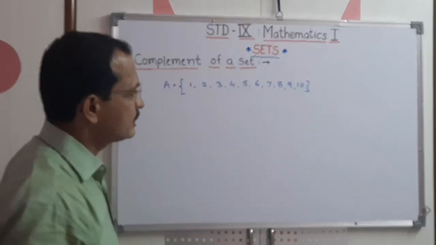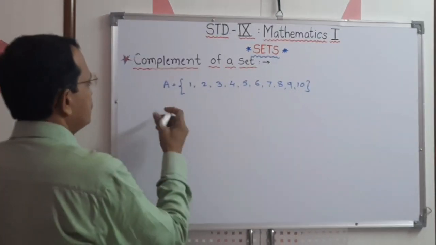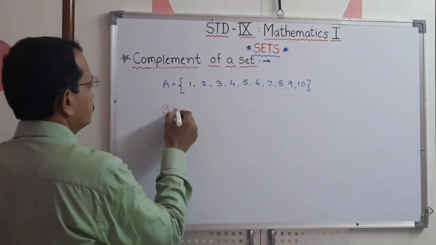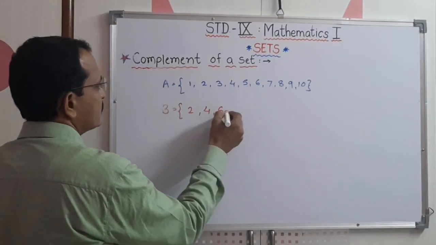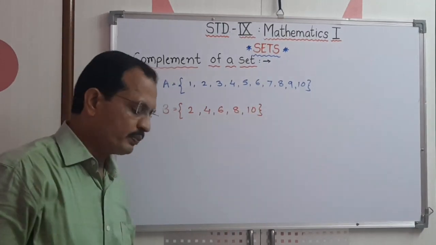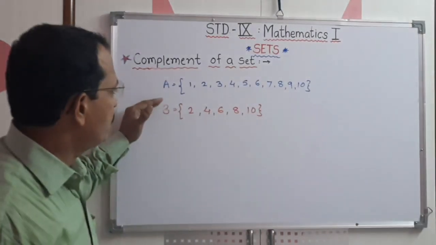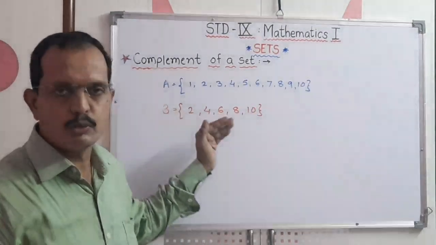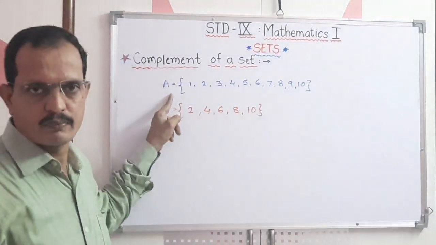This is set A, and set B contains 2, 4, 6, 8 and 10. Now if we observe the elements of both the sets, you come to know that B is a subset of A.